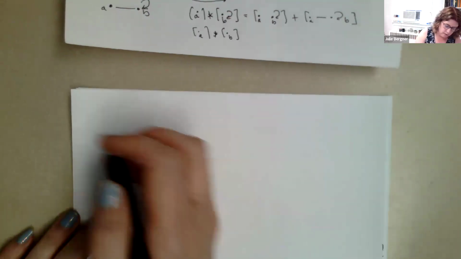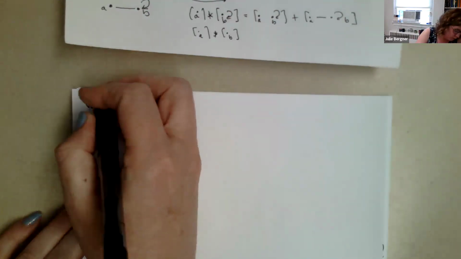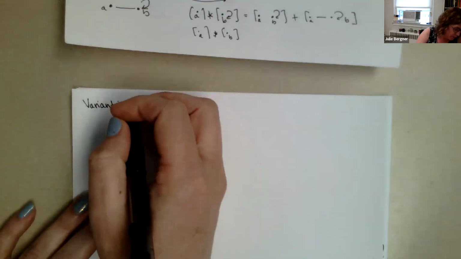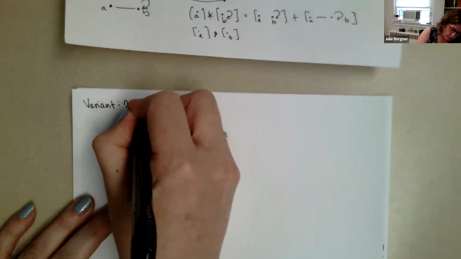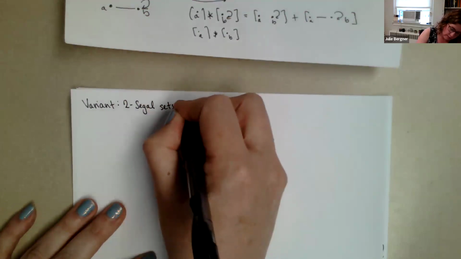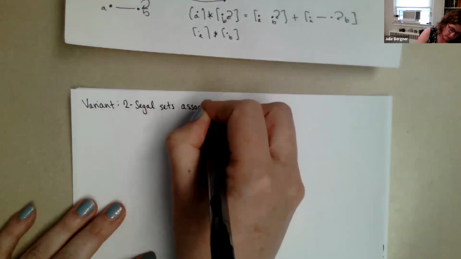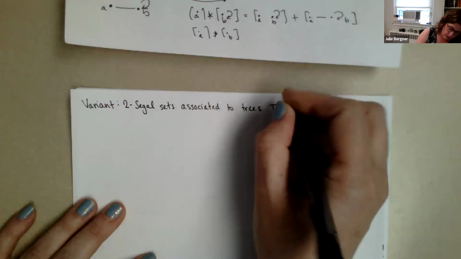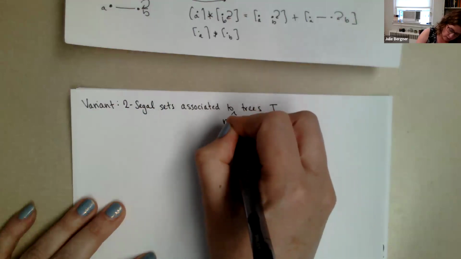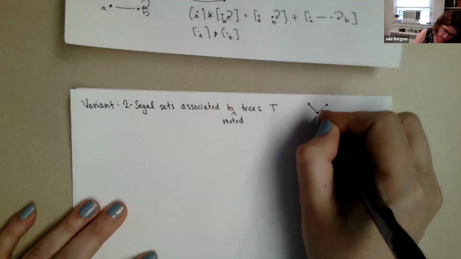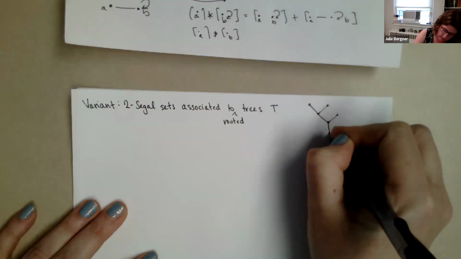This is recent work with my latest Women in Topology collaborative group. This is two Segal sets associated to trees, and these should be rooted trees. For example, my running example here, I'll use this tree.